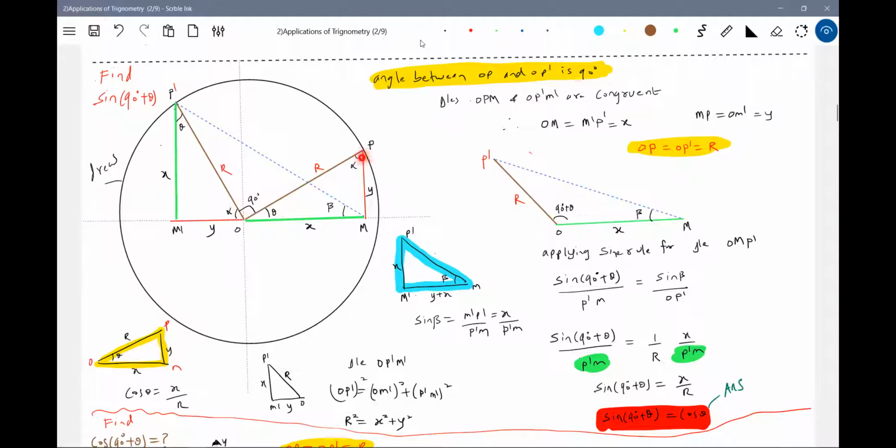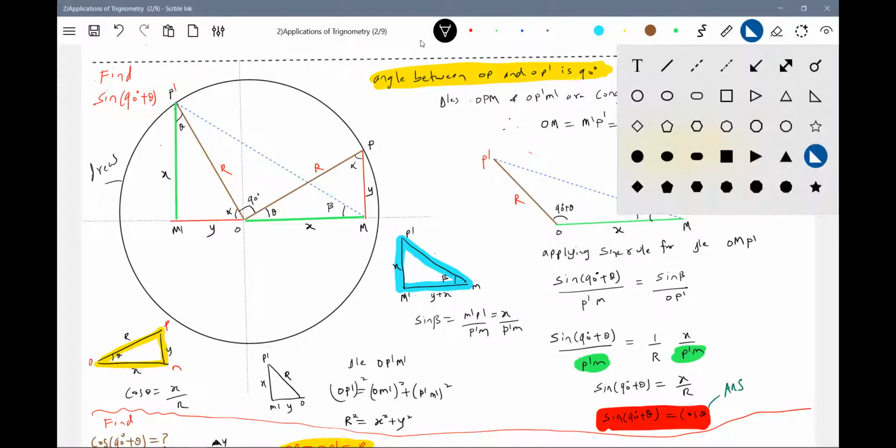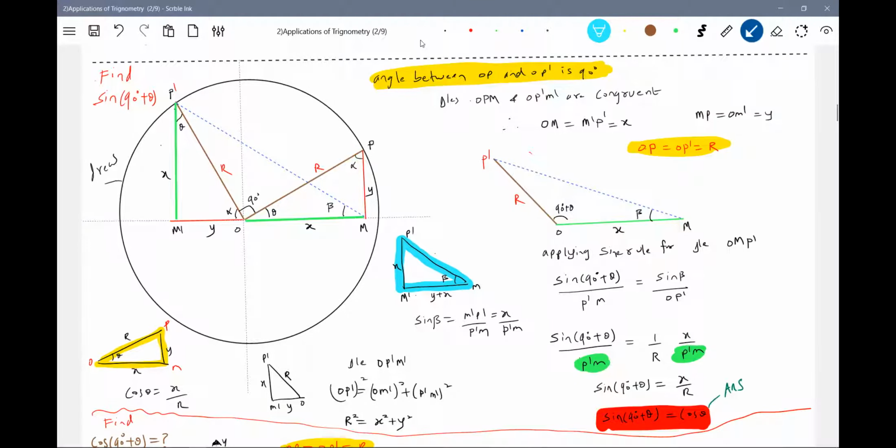Initially the line was making an angle theta. Now I'll rotate it by 90 degrees. What is the angle made by this now with the horizontal? It will be 90 plus theta.